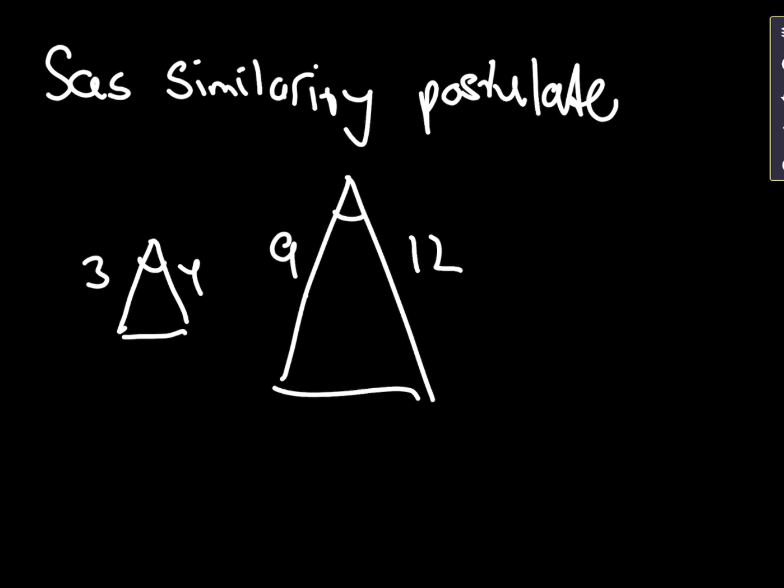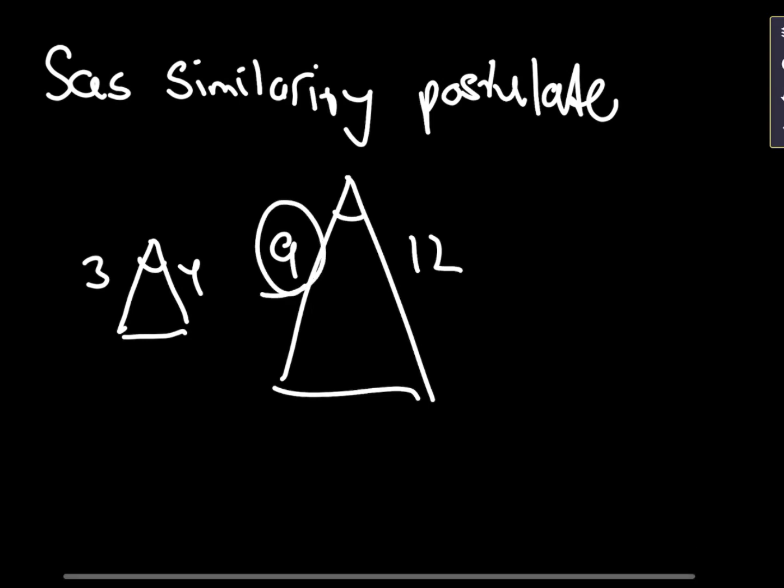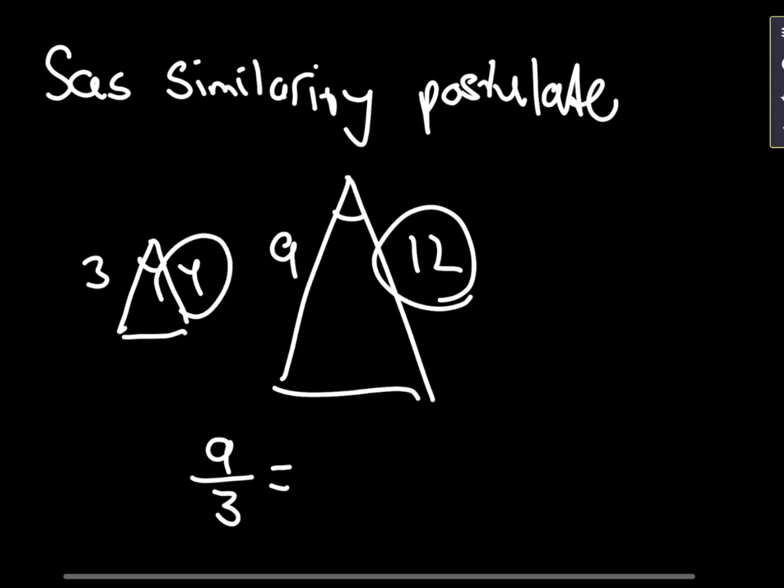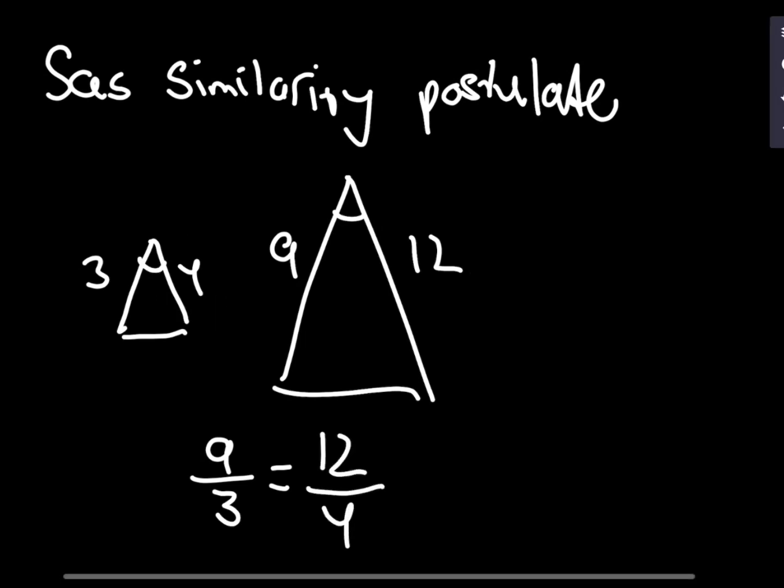Next postulate I'm going to be talking to you about is the SAS similarity postulate. This basically states that if we're given two sides and one angle, and the sides are in proportion, meaning if I divide the small side by small side, big side by big side, this is kind of like the scale factor.